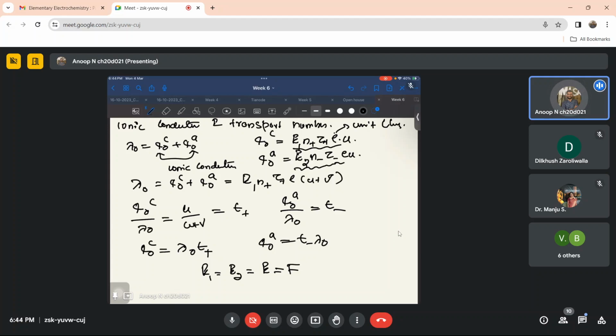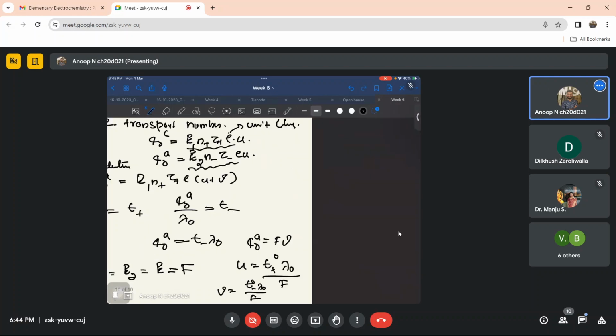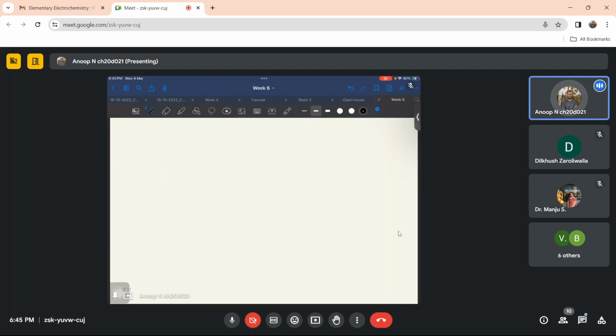So L0 cation is equal to F into U, and L0 anion is equal to F into V, where U is equal to T plus lambda 0 divided by F, and V is equal to T minus lambda 0 divided by F. So what does it mean? Speed at infinite dilution can be determined from the transport number at infinite dilution and lambda 0 of the electrolyte.